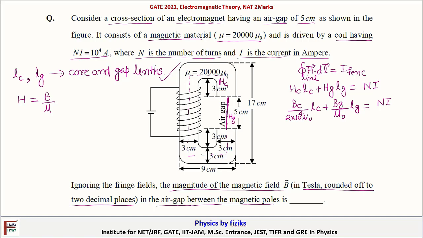Now if we compare these two, the core term can be neglected as compared to the gap term. So we can write Bg into Lg by mu naught is approximately Ni, and that will give you the value of Bg as Ni, which is 10 to power 4, into mu naught by Lg.